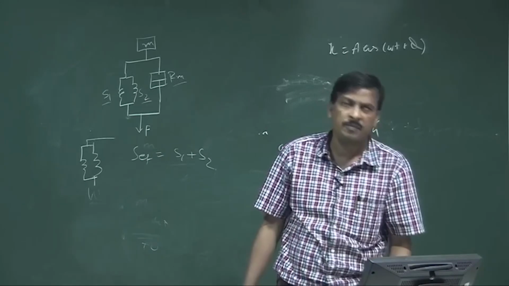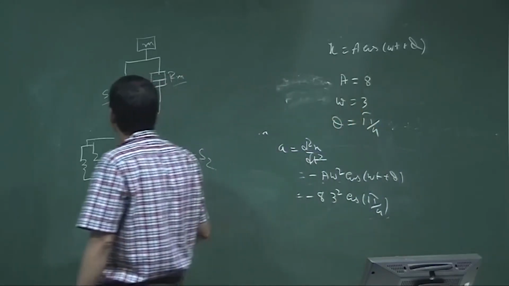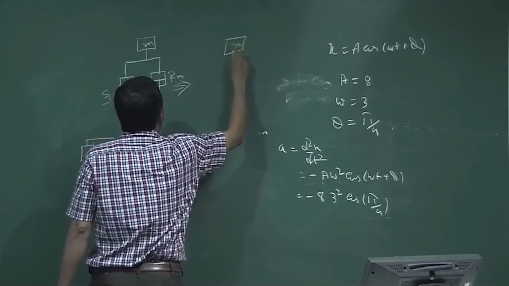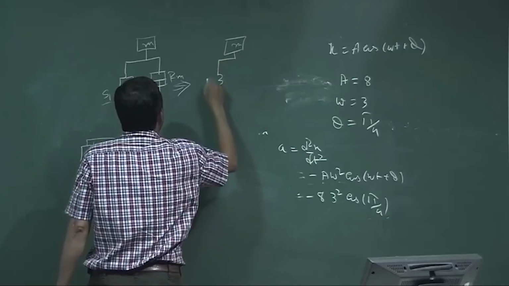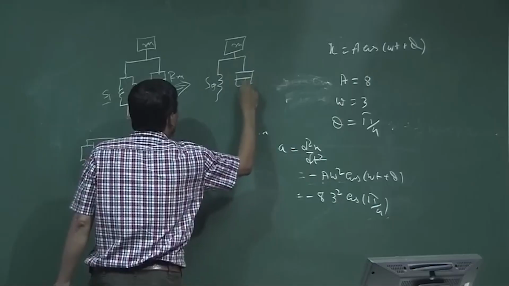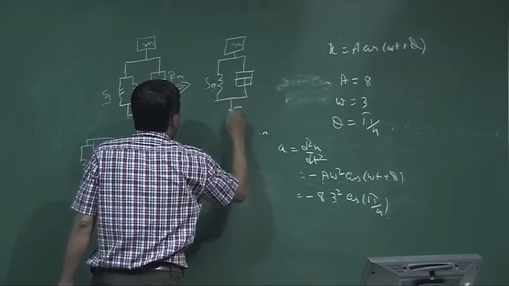So, I can replace this circuit by an equivalent mechanical circuit: M, this is S effective, then there is a mechanical resistance, and then a force is applied here.